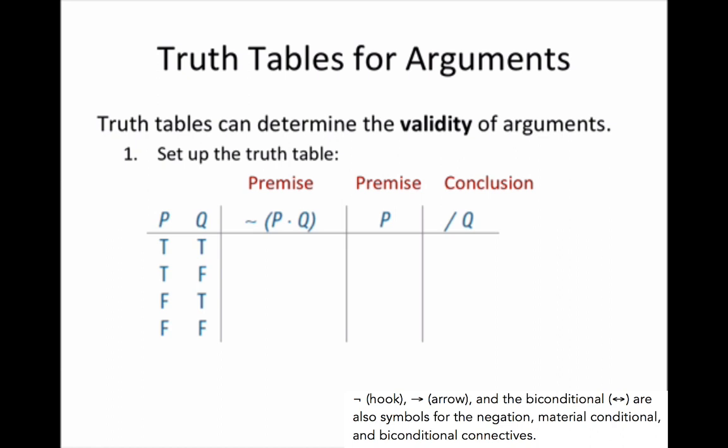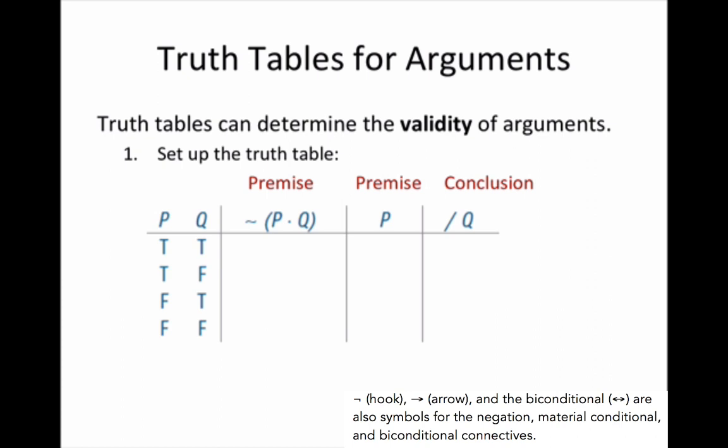The last thing we need to do is talk about how we can determine whether or not an argument is valid. So recall the definition of validity. An argument is valid when it's impossible for the conclusion to be false if the premises are true. So what we do by way of a truth table is look for a row on which the conclusion is false while the premises are true.